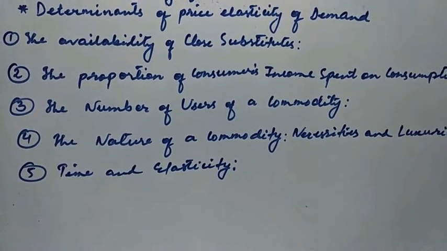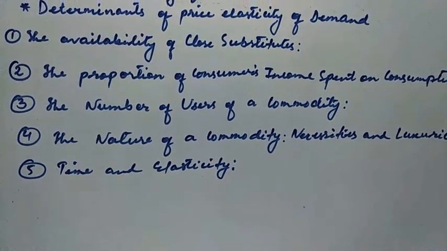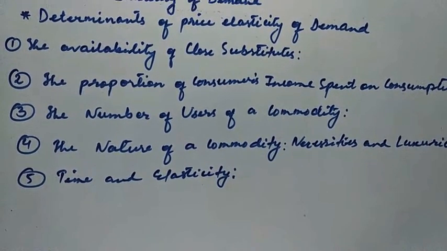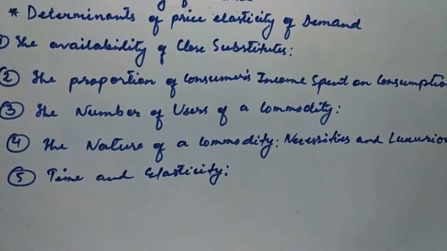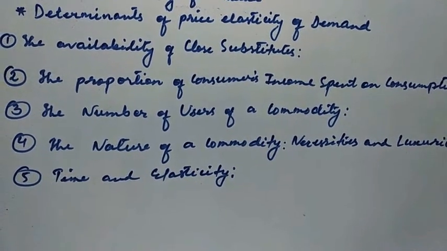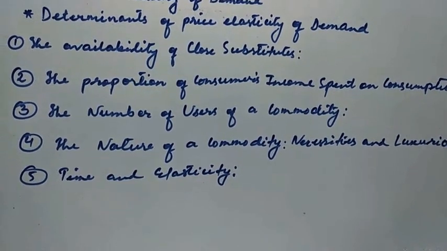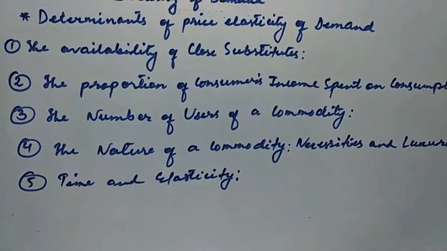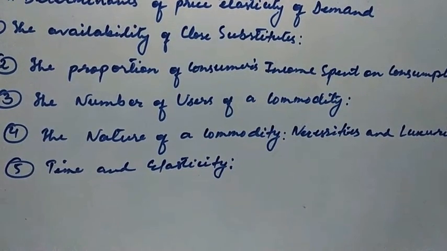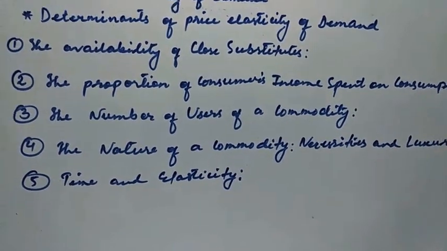In other words, the proportion of income that a consumer spends on a particular commodity also influences the elasticity of demand for it. The greater the proportion of income spent on a commodity, the greater will generally be its elasticity of demand, and vice versa.